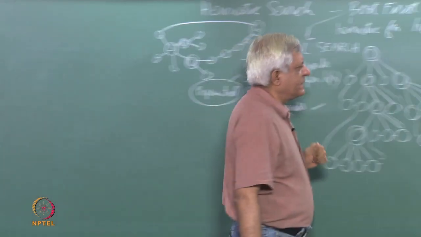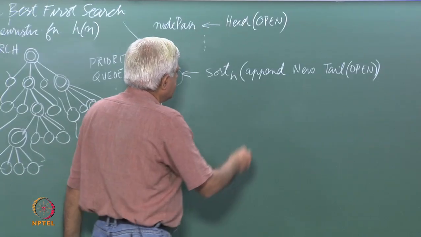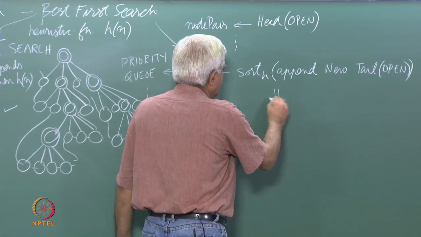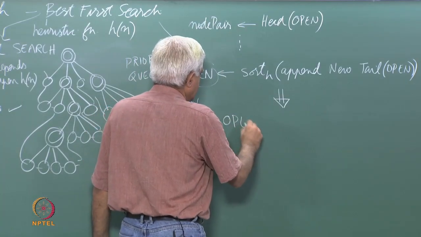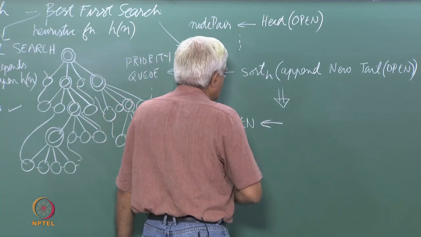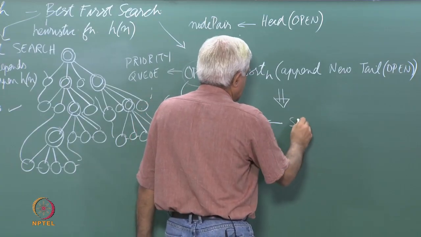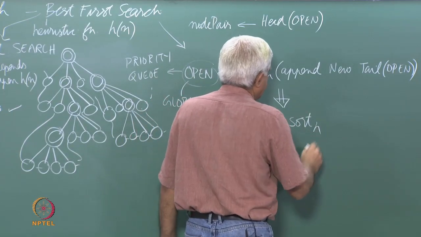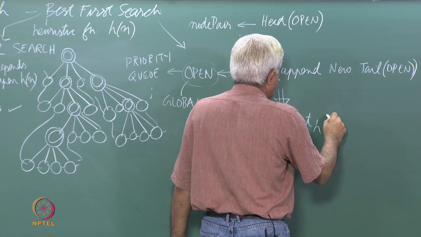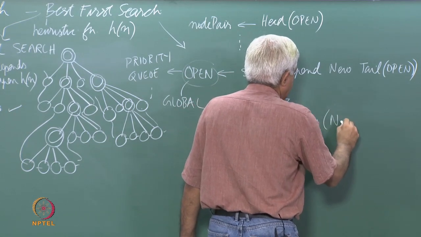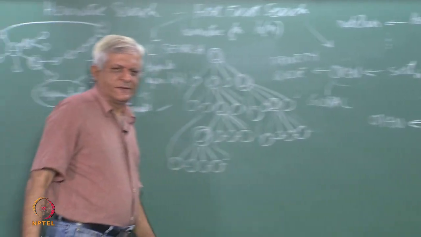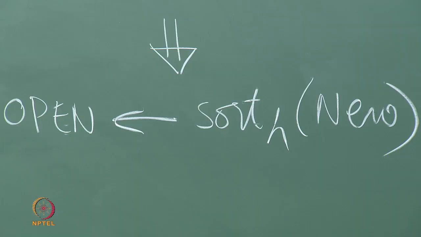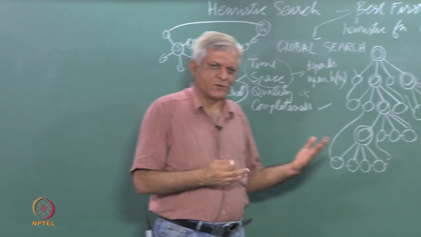So, let us look at this variation of this algorithm in which we modify open as follows. We simply do this, that open is the sorted version of the new nodes that we have generated.